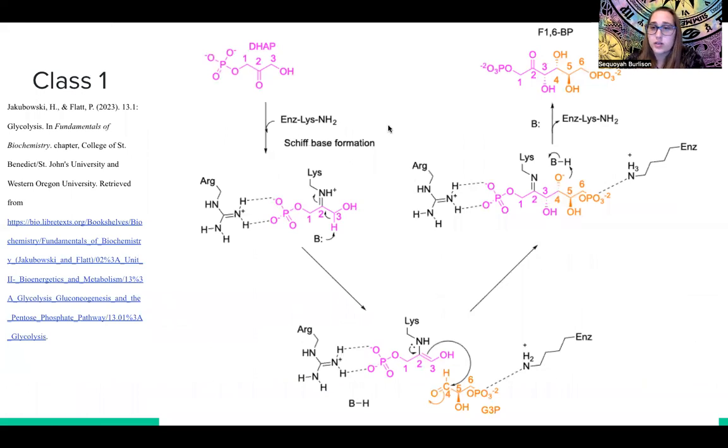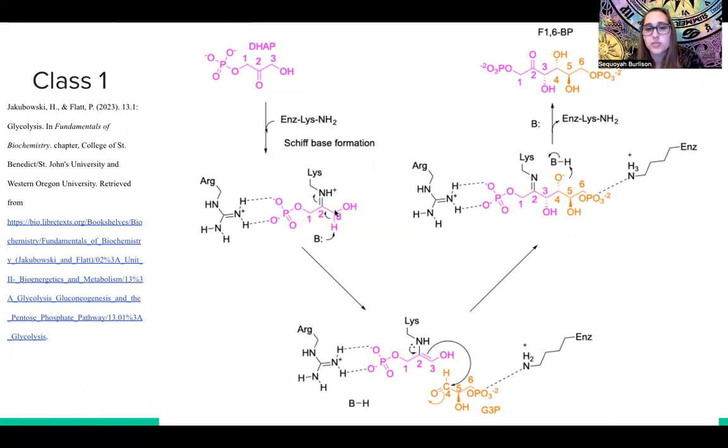All right, so class 1, the ones that we have of aldolase. This is our DHAP, this is our aldolase, and down here we have our GA3P. So DHAP is attracted to our enzyme. Our enzyme helps to encourage the transfer, well, base is included.